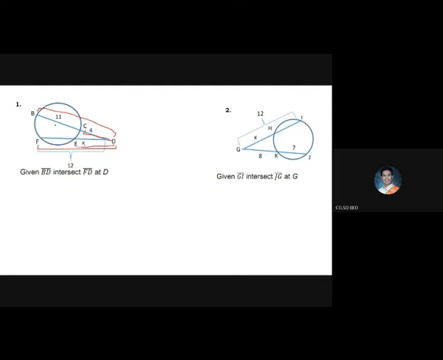To identify the unknown, we need the value of the whole secant. For example, we have here BD multiplied by its external secant, which is CD, and this is equal to the product of the secant FD multiplied to your external secant ED.